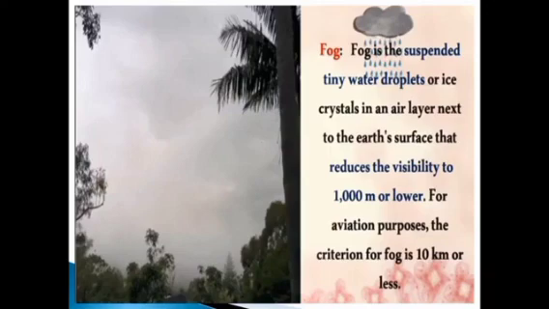So students, fog is the suspended tiny water droplets in the atmosphere and it reduces the visibility. We can't see beyond 1000 meter or lower than this. Here, aviation means the flying of aeroplane. For aviation purposes, to fly an aeroplane, the fog condition should be 10 kilometer or less.